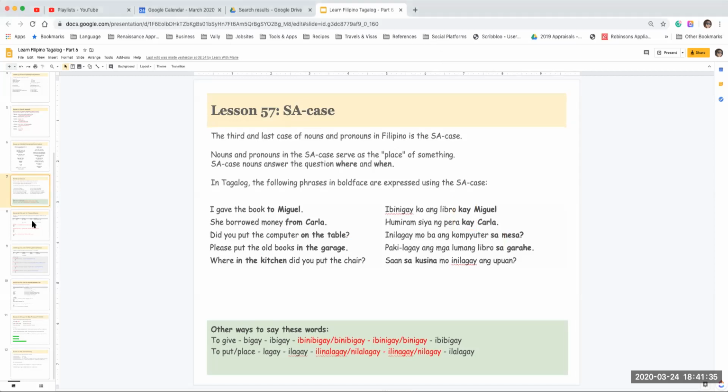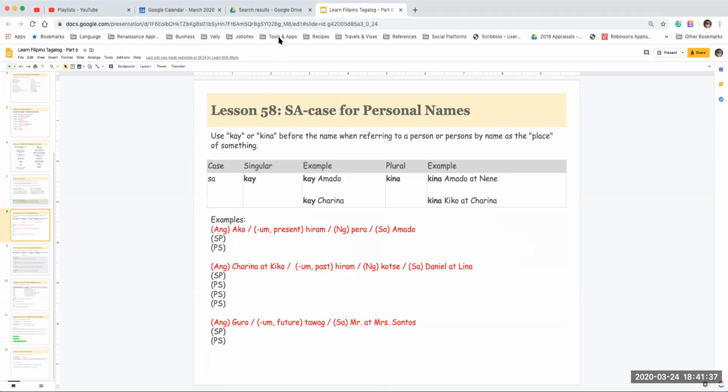Remember, for every case, for the ang case we have markers for focus. The ang case is our focus in a sentence. For personal names, with the ang case we mark with si and sina, singular and plural.